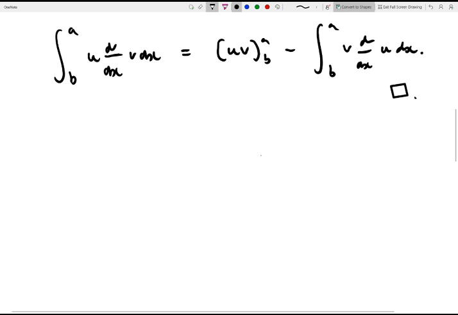Now we're going to look at an example quickly of integration by parts.